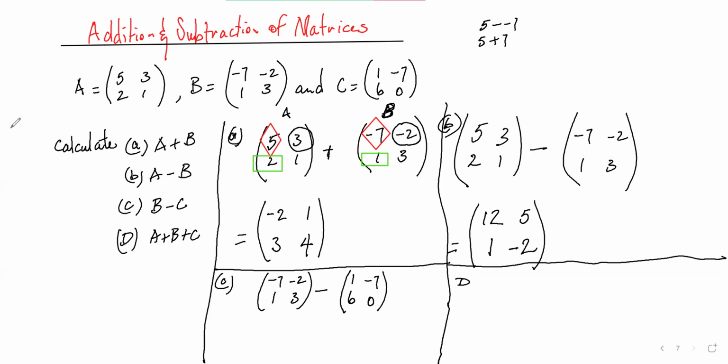So -7 minus 1. Write it at the top here. So negative 7 minus 1 is equal to negative 8.